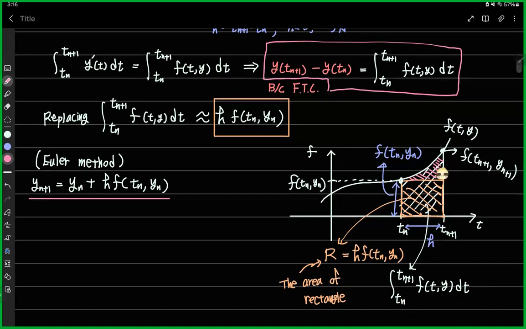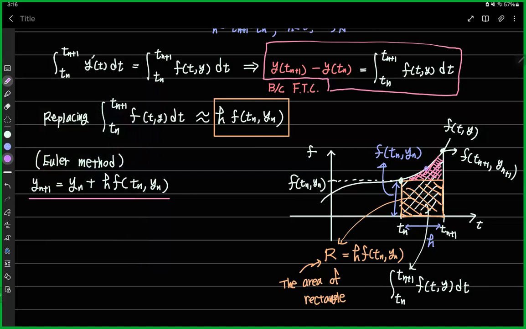How can you reduce this much of difference? As one method to reduce that, we're going to choose not the point at t n, but the average of two points.